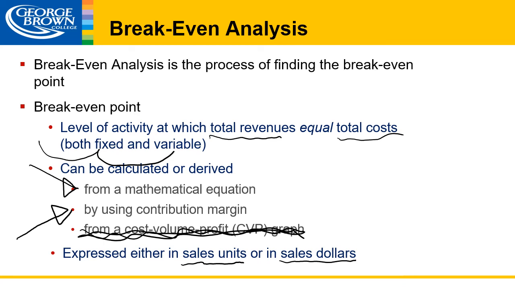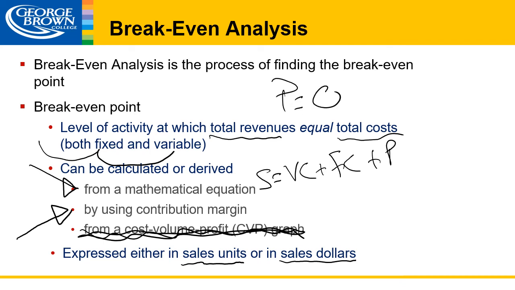Very basically, the mathematical equation that you could use, which we're not going to touch on very much, is the CVP equation, where your sales are equal to your variable costs plus your fixed costs plus your profit. If we know that break-even is a point where P equals 0, then rearranging this equation and eliminating your P, your break-even sales are equal to your variable costs plus your fixed costs.